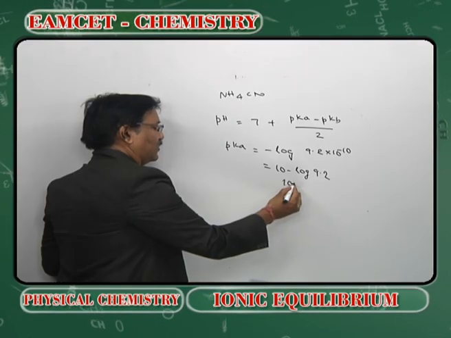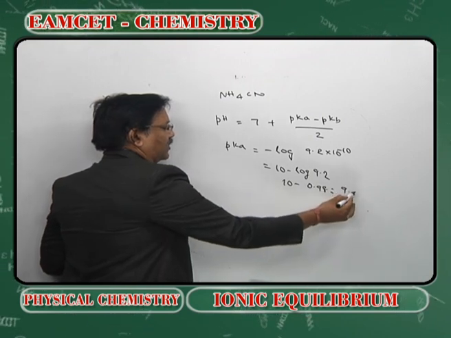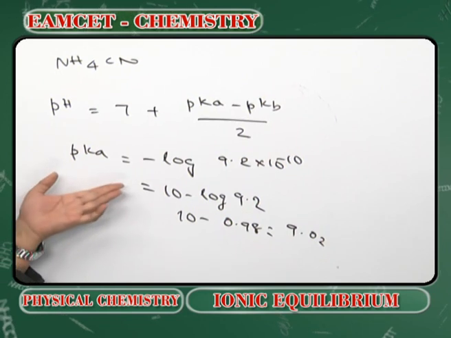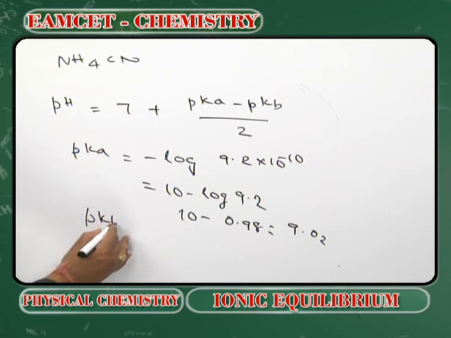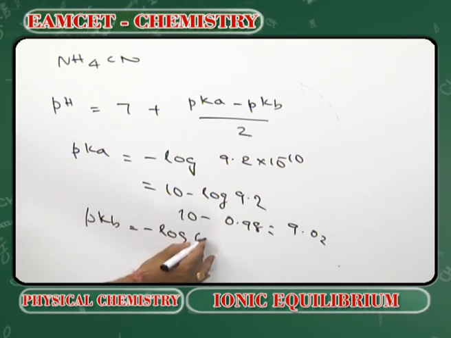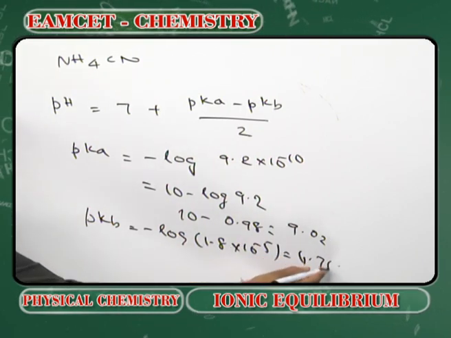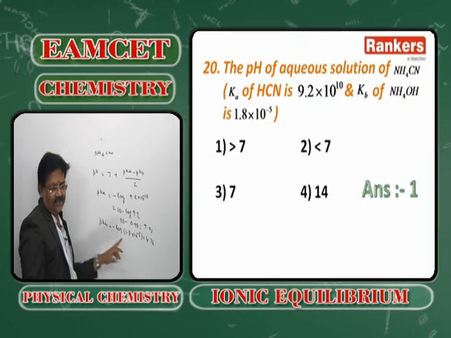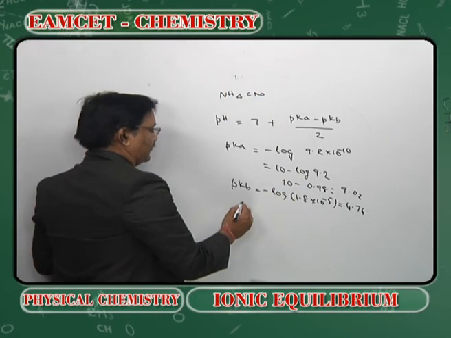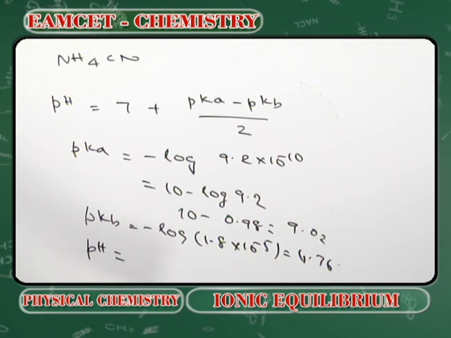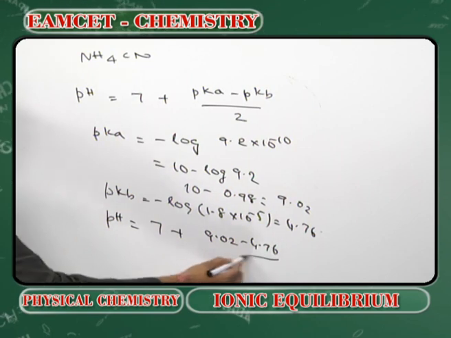It must be 0.98, so it is around 9.02. pKa is approximately 9.02. What is the pKb value? Minus log 1.8 into 10 to the power minus 5. It is 4.76. Substituting in this, pH is equal to 7 plus 9.02 minus 4.76 by 2.